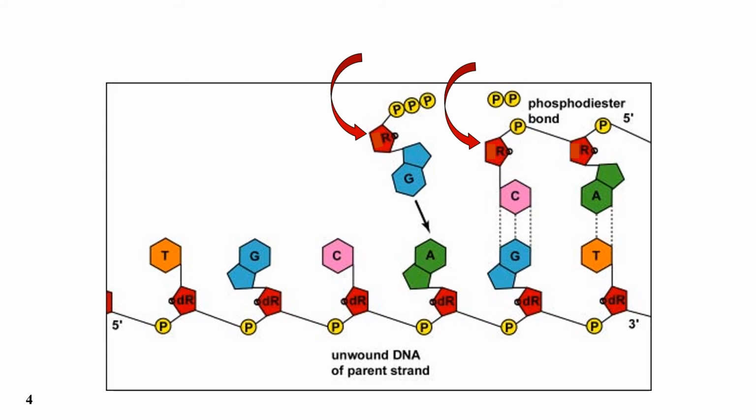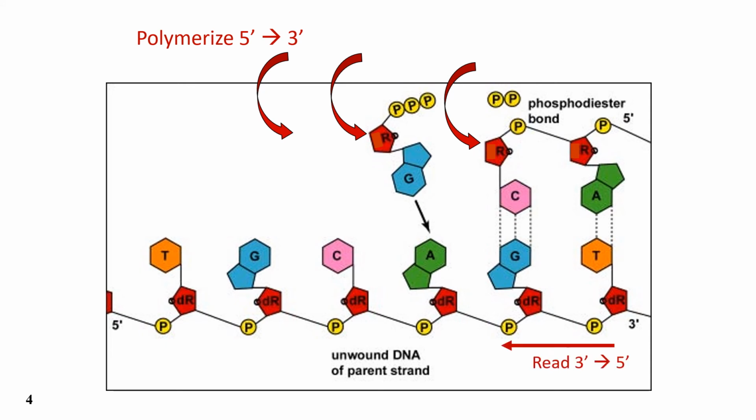We are going to polymerize nucleotides, always adding on to the 3' end of a growing chain. Polymerizing those nucleotides, we say, in a 5' to 3' direction. Again, we're adding onto the 3' end always, and we are reading the DNA template in the anti-parallel or opposite direction, reading 3' to 5'.